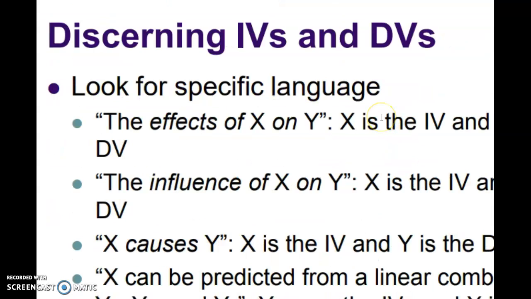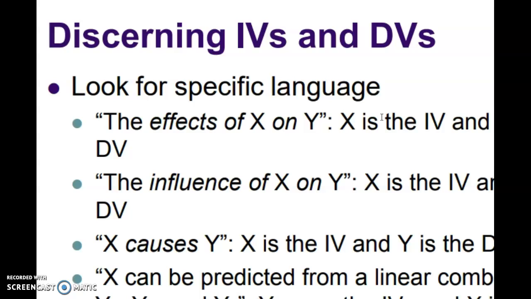And so there are several ways that you could discern between independent and dependent variables. It is important for you to look at the specific language that is used in a study. When we say the effect of X on Y, X will become the independent variable and Y will be the dependent variable.